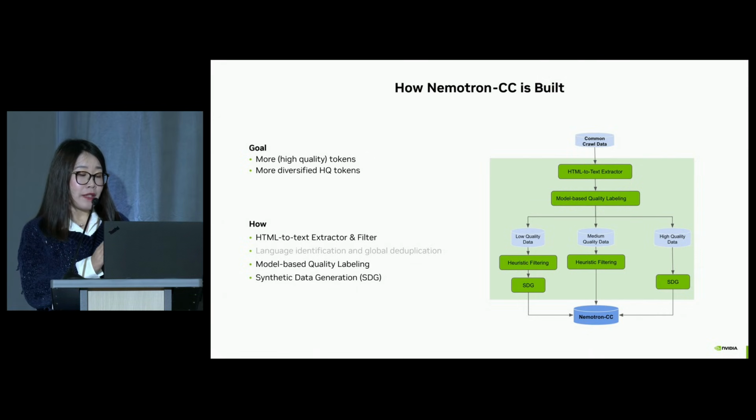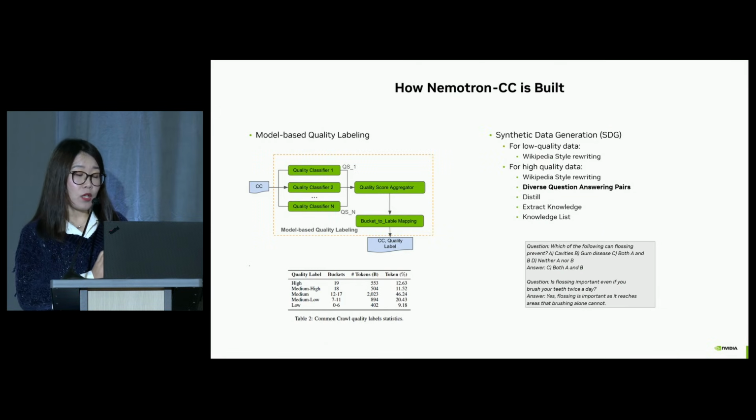And I just want to talk about two major parts of this pipeline. One is the model-based quality labeling part, and another one is the SDG part. So for model-based quality labeling, we design a still a little bit sophisticated pipeline.